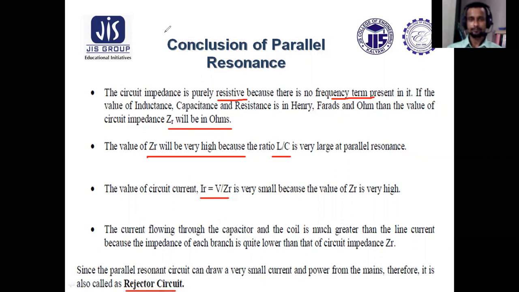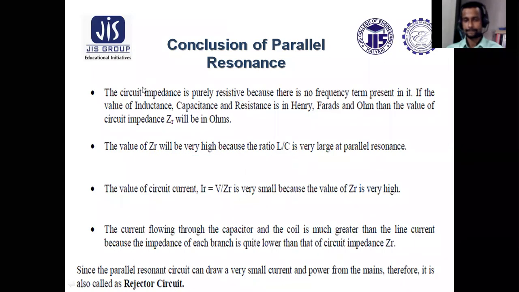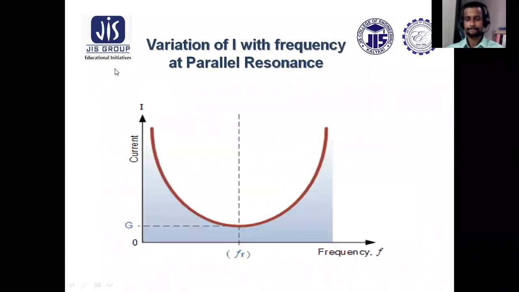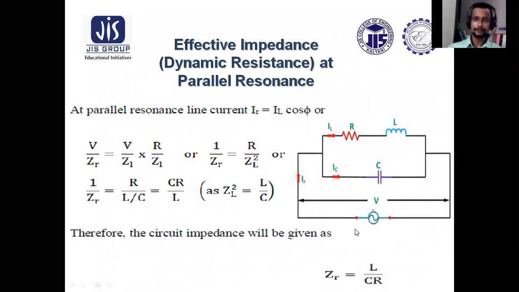Now, what happens? See here, overall impedance is very high at resonance. So this IR will be very small. But this impedance is much smaller than ZR.